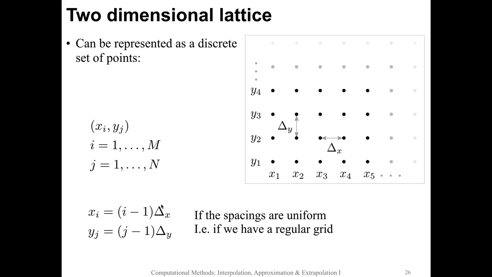So basically we can write out a little function to represent the ith x coordinate and the jth y coordinate in terms of i and j, and in terms of the spacing in between points on our grid. If the data is image data, then the points on our grid are often called pixels.